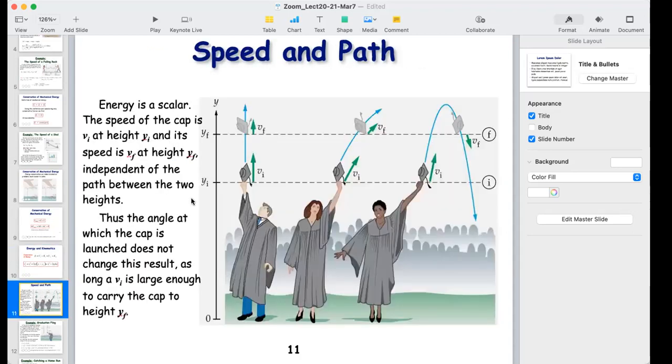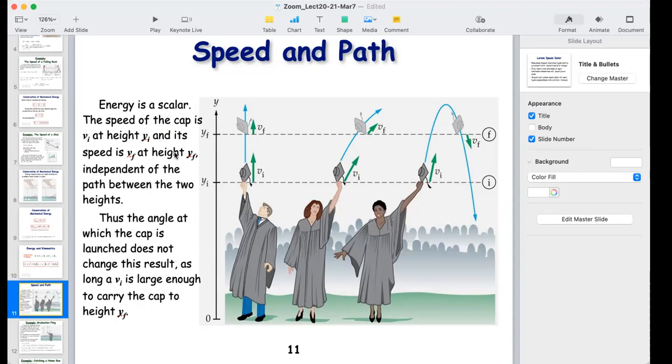For example, here, we have this situation with these three people that are launching up the cap at a certain velocity, with a certain Y initial and Y final. At the end of the day, it doesn't depend on the angle at which the cap is launched. The angle does not change the result, for example, of how much V final is.